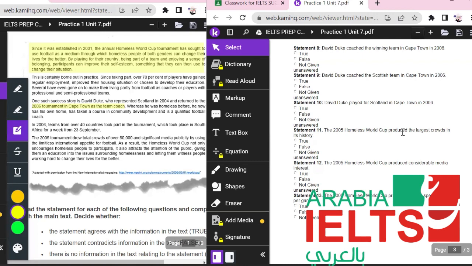It is not easy, because if you said false, it is right: it is in the paragraph for the total competition, not per game. And for not given, we don't have any information about the size per game. In my opinion, it is not given.